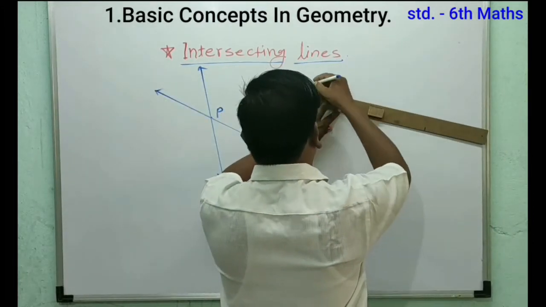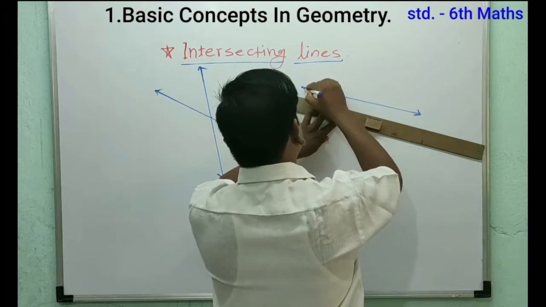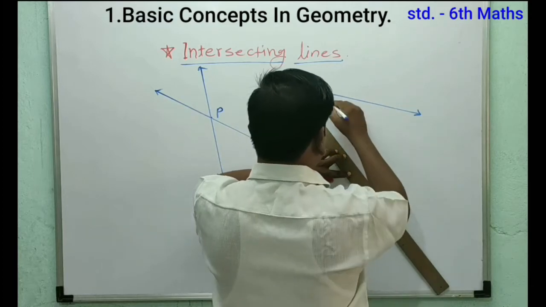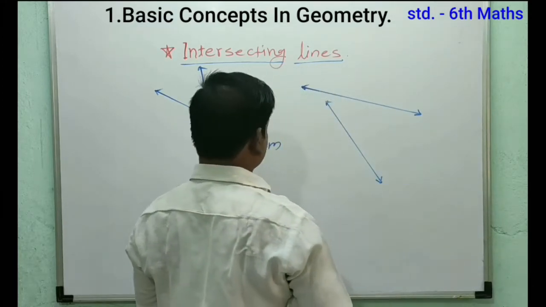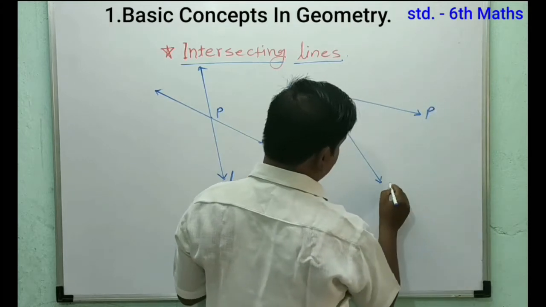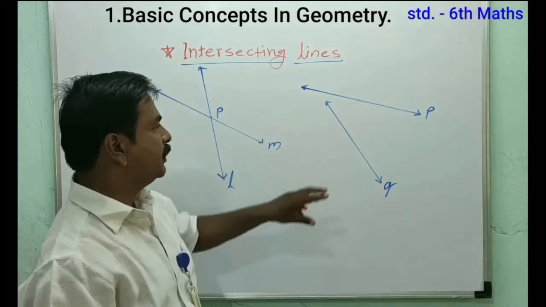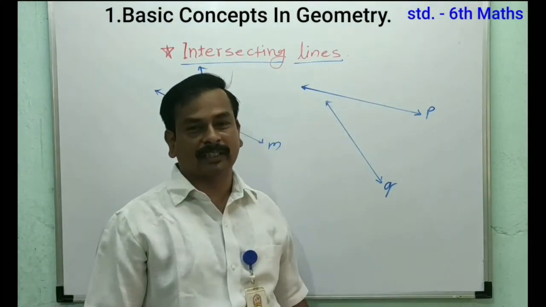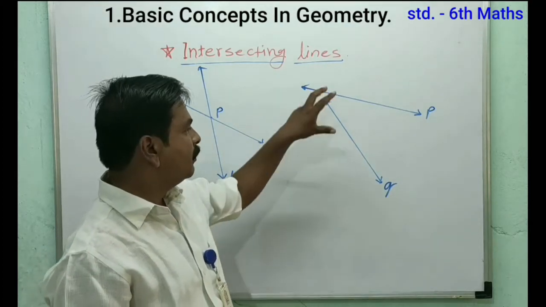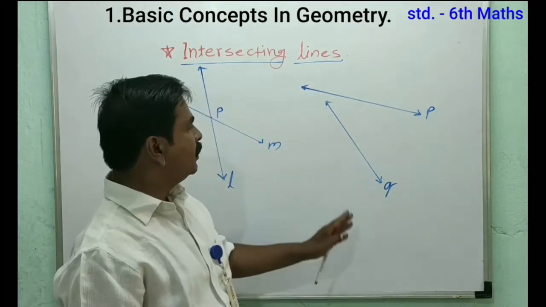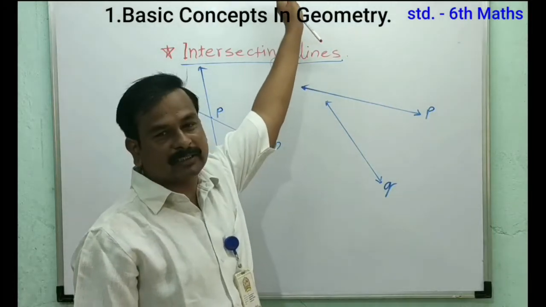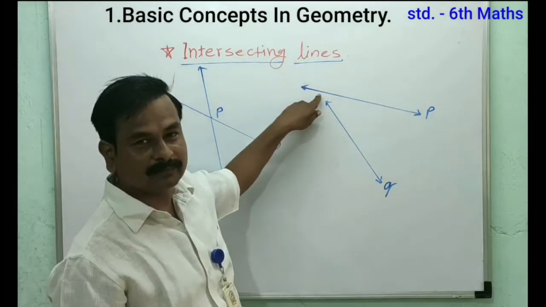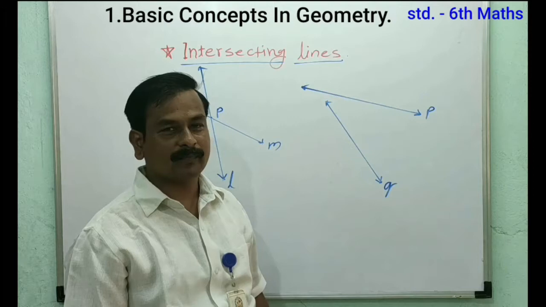Now I am constructing another diagram. This is one line and this is another line, line P and line Q. In this diagram, both lines are not actually intersecting, but if we extend this line in this direction, this line will intersect the other line at a single point.